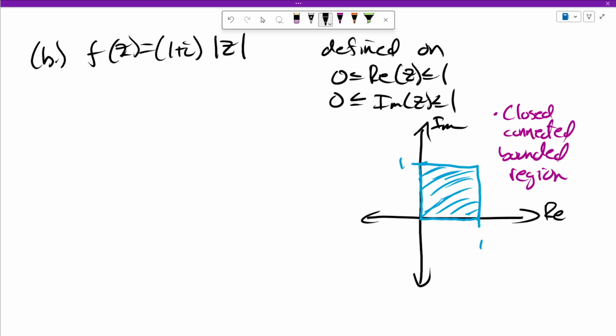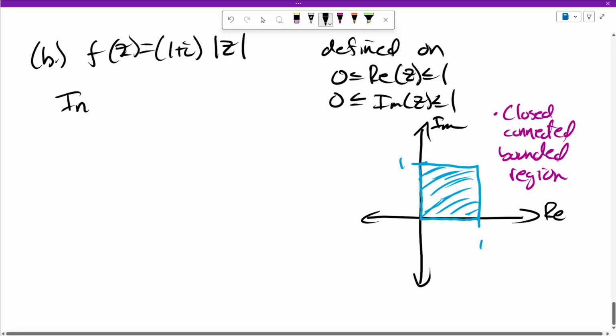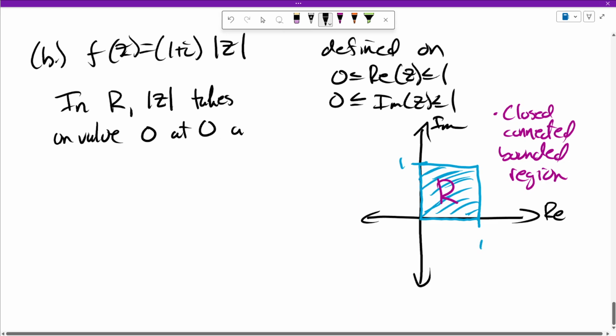Let's notice here, in the unit square, let's call this region R. In R, the modulus of z takes on the value 0 at the origin and is largest at the point 1 plus i.